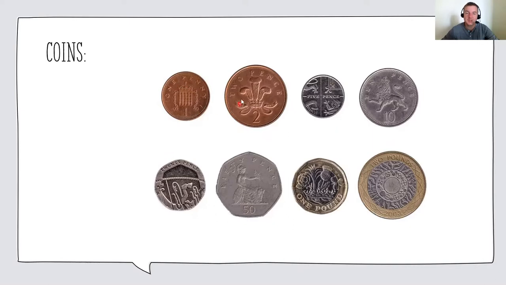Next up, 2 pence. Okay, 2 pence, and this one does have the 2 written on it here. But this is a slightly older one, and some of the new ones, they don't have the number written on. Okay, some people might say tuppence, so we just shorten the 2 to tuppence.